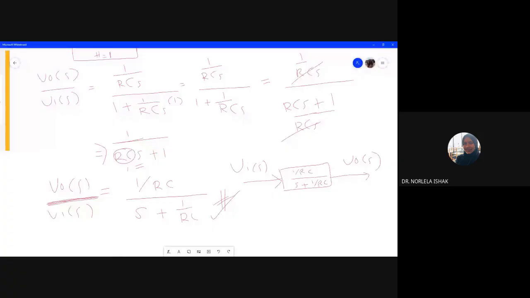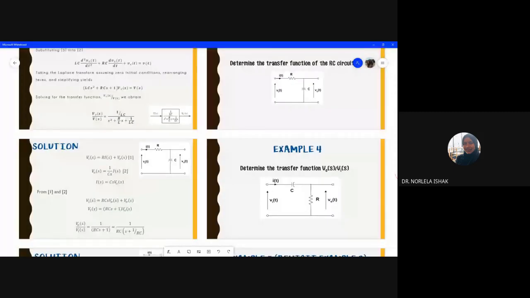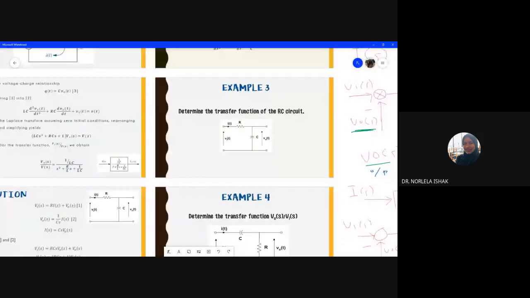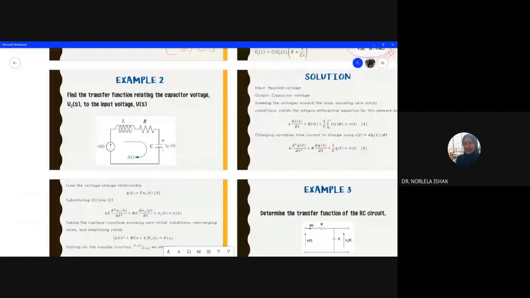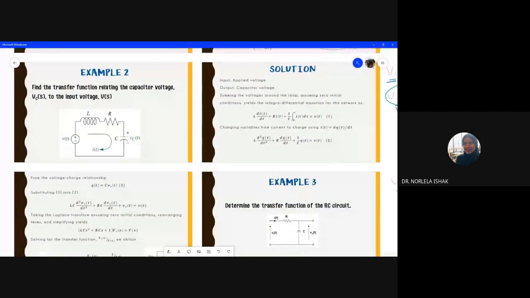Okay. Now, let's see our next example. Find a slightly harder one. Example number 2. Find the transfer function relating the capacitor voltage, meaning Vc, to the input voltage.